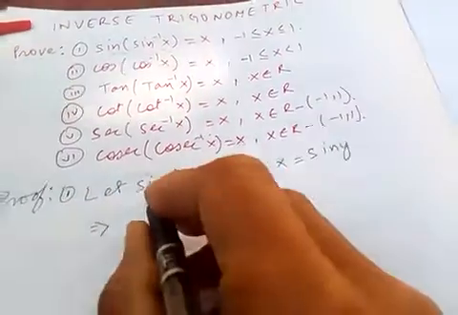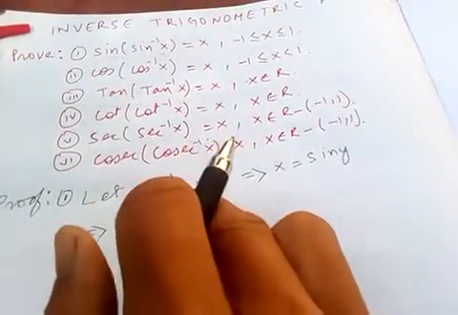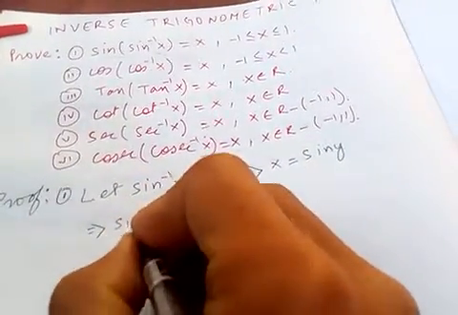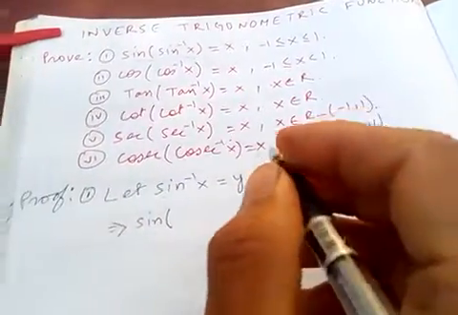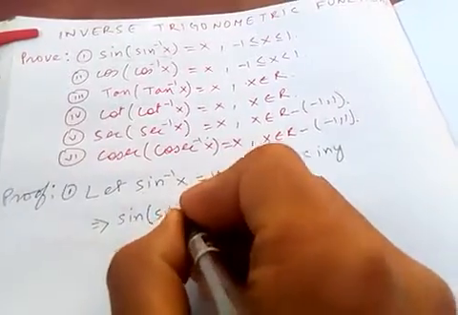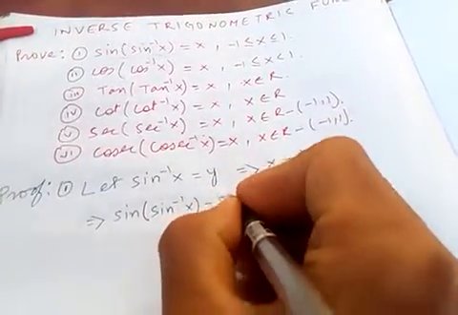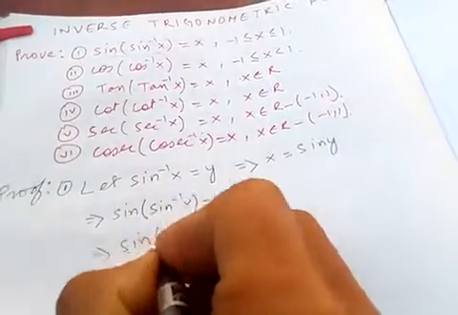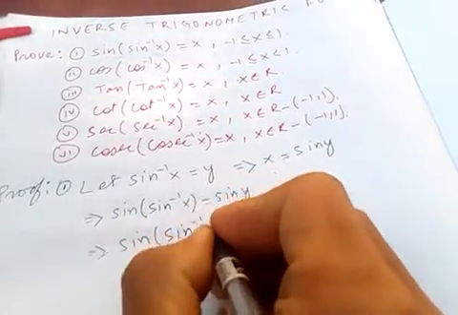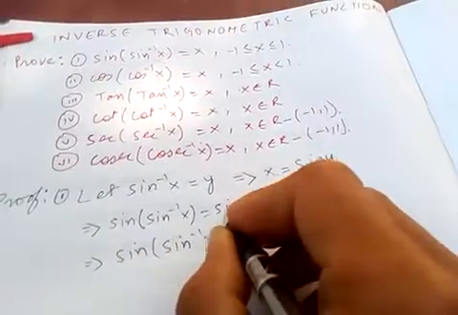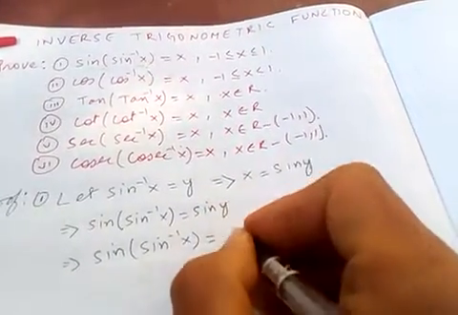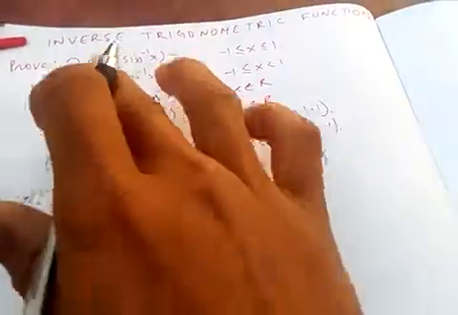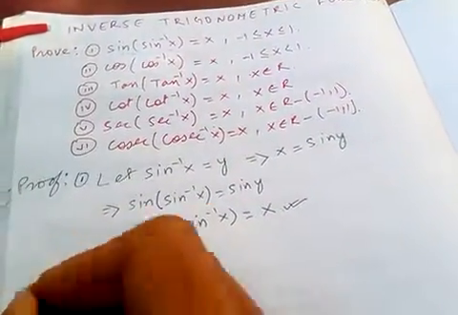So in this again, if you take sine inverse on both sides, sine inverse of x is equal to y, and sine of y is the same as x, so which is x. So this is for the first part.